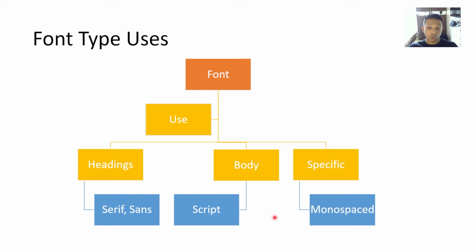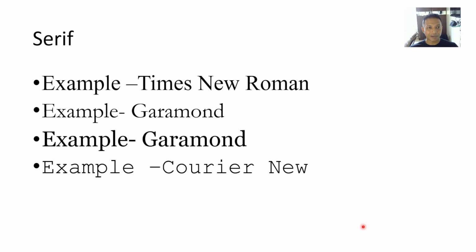Then you can use script or monospaced. But there are too many types of monospaced. At the end of the session, I have linked an article which categorizes the various fonts with examples and infographics, which you can use if you want to make it more luxurious. So these are some examples of serif.